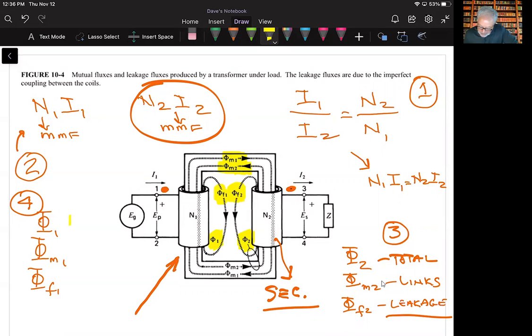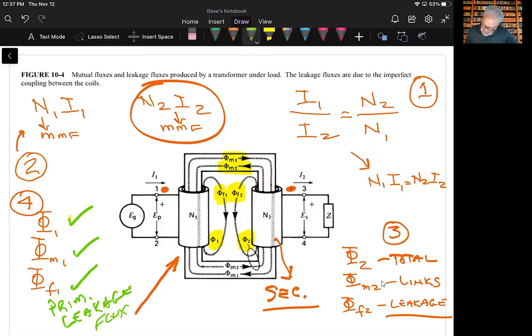So we've got the three parts of the primary side. Here's the total, the linked, and the leakage. And we're going to call this primary leakage flux.